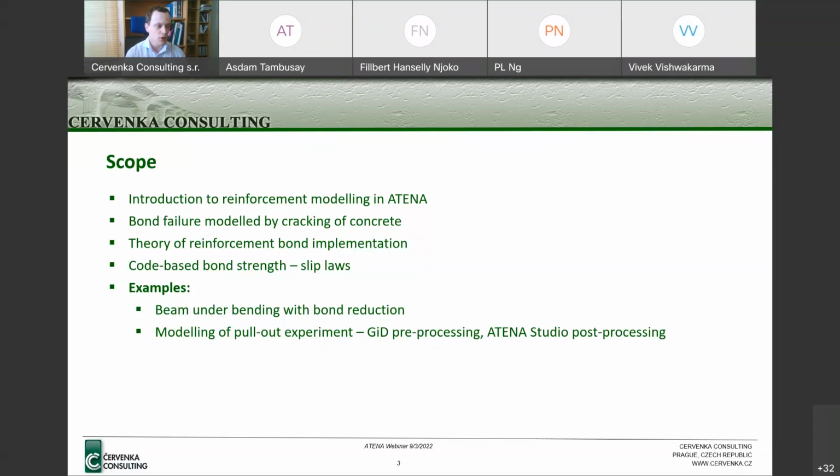I will show some code-based bond laws which are implemented in our software, and I hope there will be time for 2 examples where I will show how to use our software. What are for example, some handy plots for your results, and how to pre-process and post-process your problems.